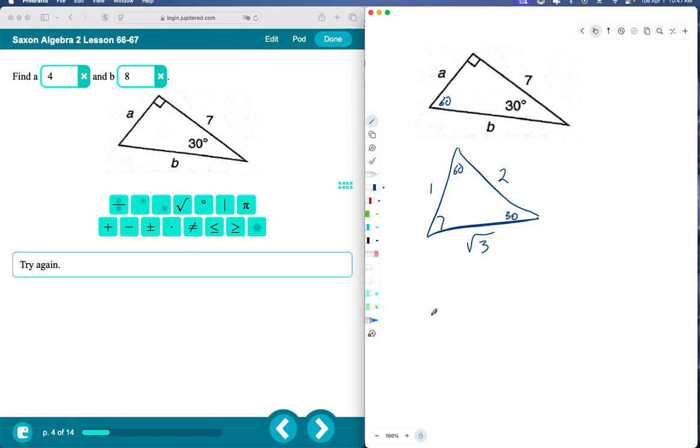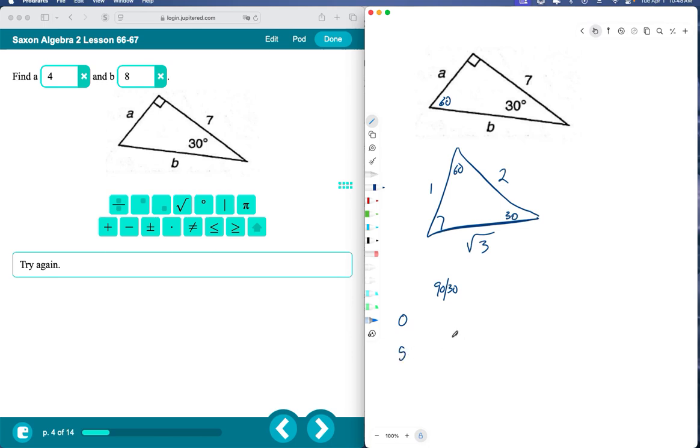All right, so that would be 90, 30. So the 90, 30 side, and this is the original triangle. This is a similar triangle.